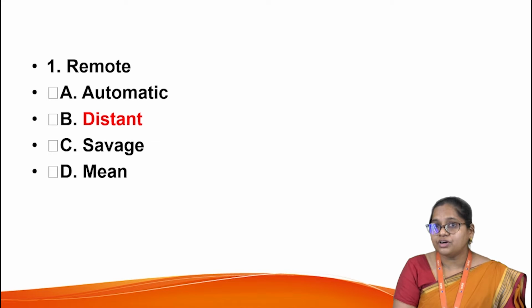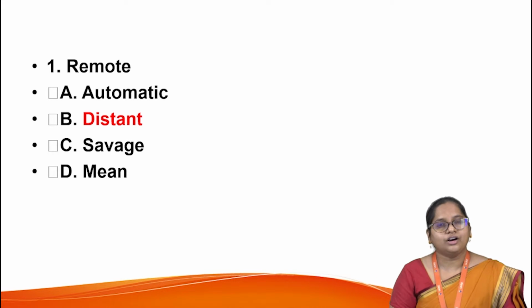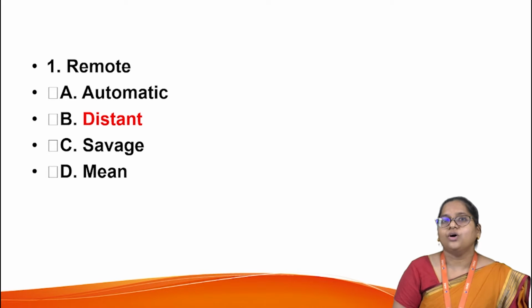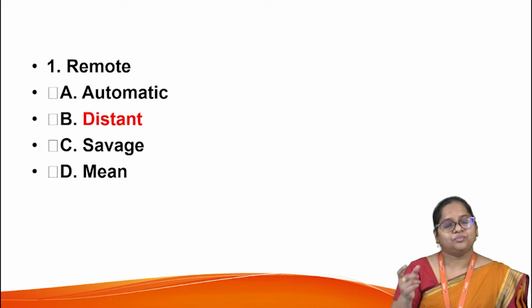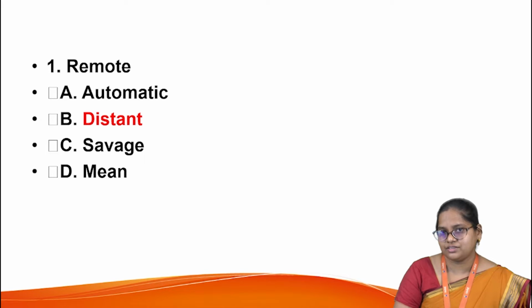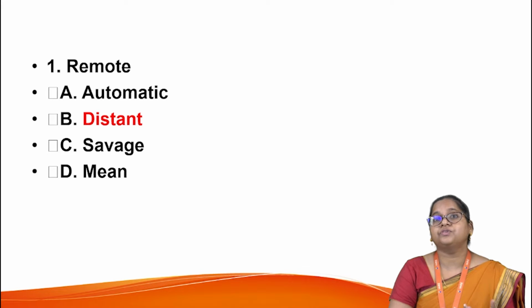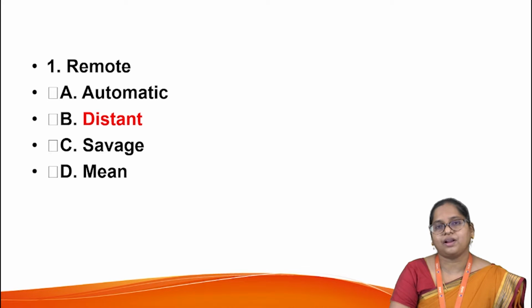So you take the word, take the form, understand the context, and click on the answer, and try to impress the exam setter by selecting the right answer. If you can gain marks in this verbal English paper, you can definitely hit the success that you've been desiring and planning for.